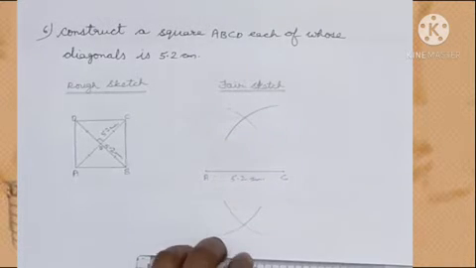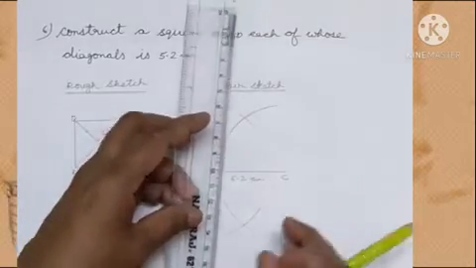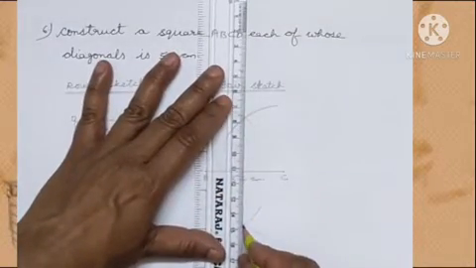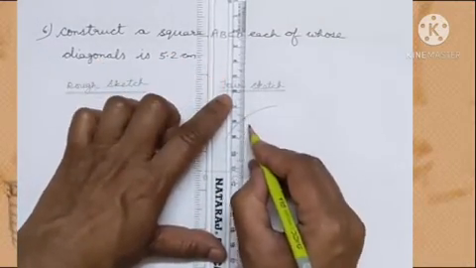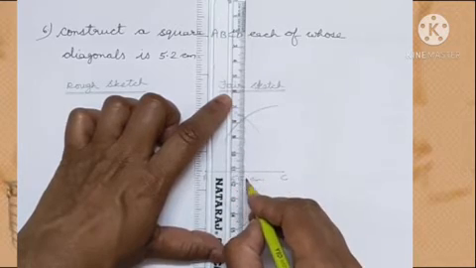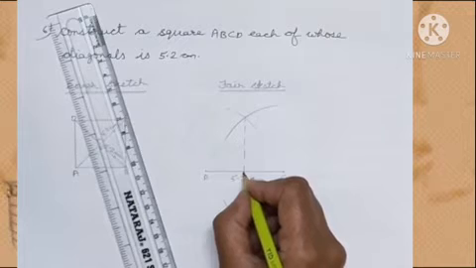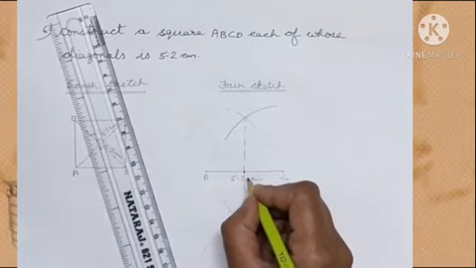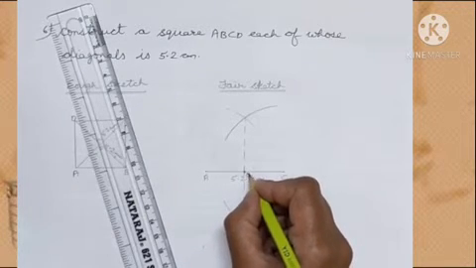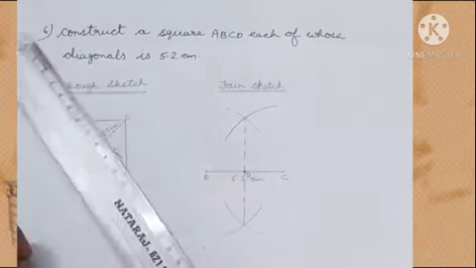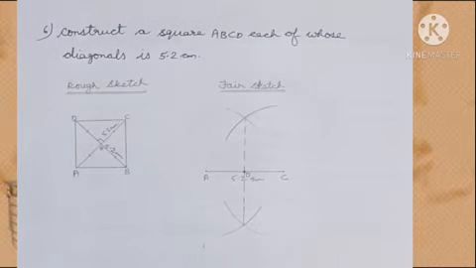Where these arcs intersect each other we make the bisector, and the center point we get we give the name O.